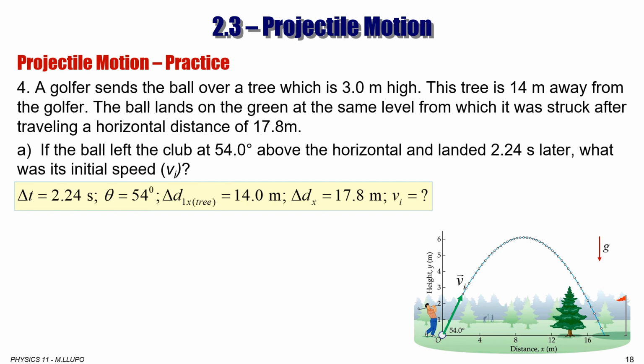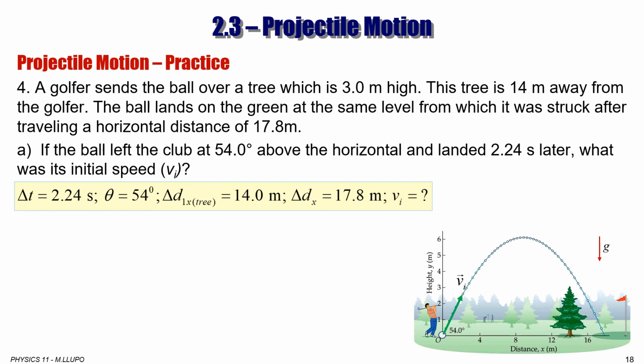Angle is 54 above horizontal. Position of the tree, it is delta d1 x, 14 meters, and delta x, which is the horizontal displacement or range of the projectile, is 17.8 meters. V initial is unknown.